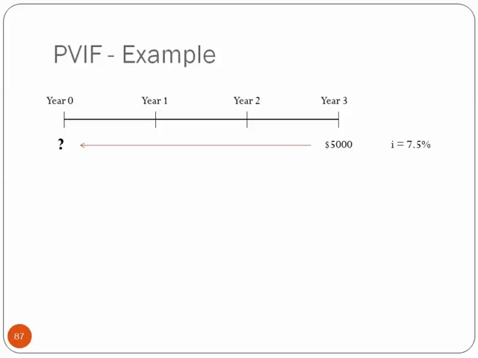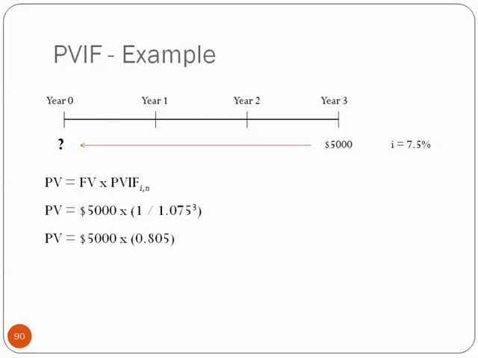So let's say we have $5,000 3 years out, and we want to figure out what is that worth today. And we have an interest rate, we're told, of 7.5%. So let's start with this formula. The present value equals the future value times the present value interest factor, i, n. We substitute our equation, and that reduces to $5,000 times 0.805.